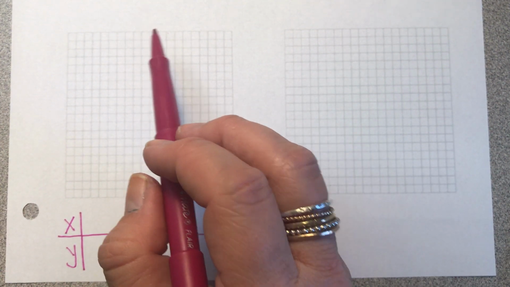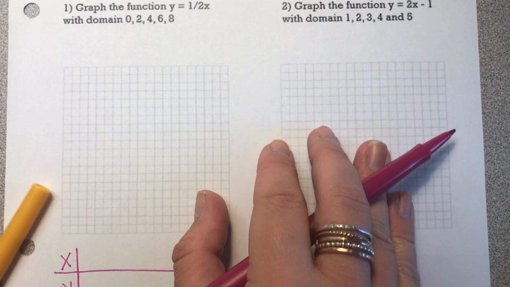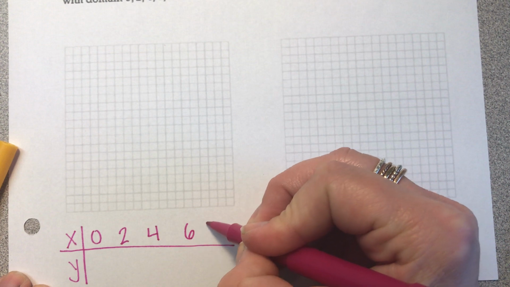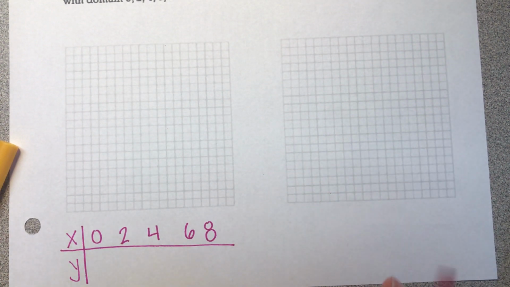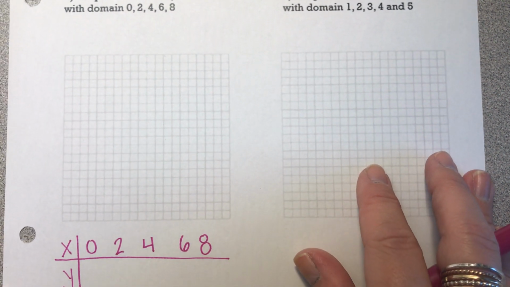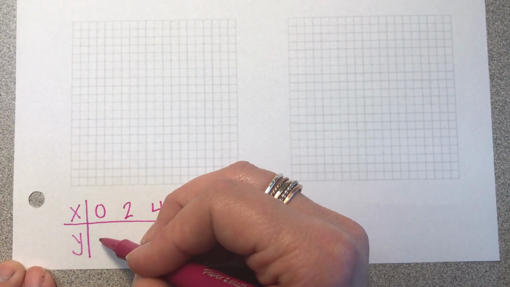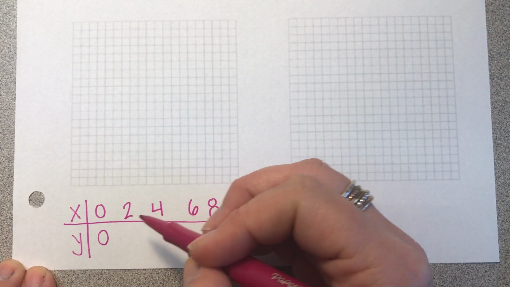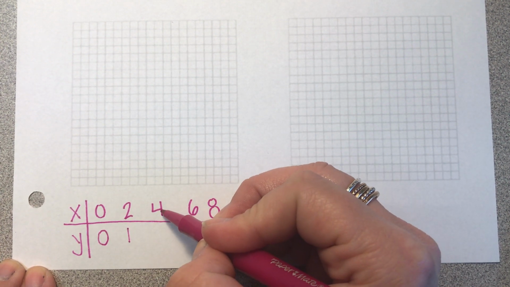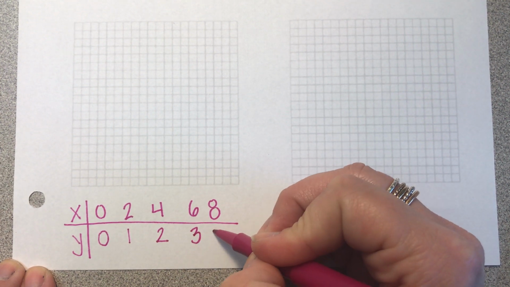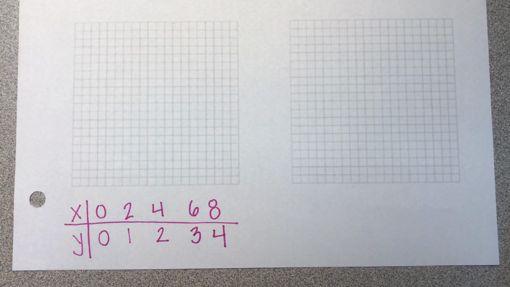It's giving me inputs of 0, 2, 4, 6, and 8. And my y, it tells me in the function, is half whatever x is. So if x is 0, half of that is 0. If x is 2, half of that is 1. If x is 4, y is 2, then 3, and then 4.